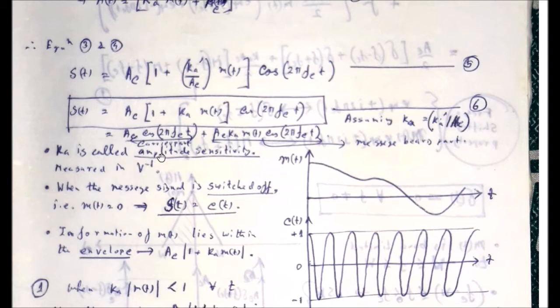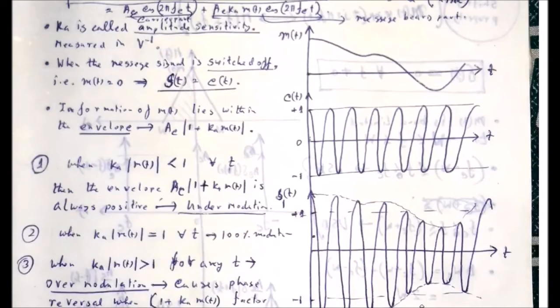The value of Ka will determine how sensitive the amplitude modulated wave is to the message signal. That's why it is called the amplitude sensitivity factor. Now consider the figure on the right side. Consider one arbitrary message signal having this arbitrary form.